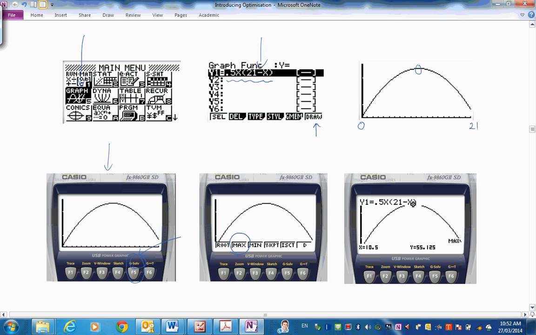The optimal solution here is the maximum area. We're trying to find the biggest area. Okay, so if we hit F2, then we're choosing the max, and the crosshairs sit on that maximum point, and we know when it's exactly 10.5 centimetres chopped off the top, we have this is our maximum area.